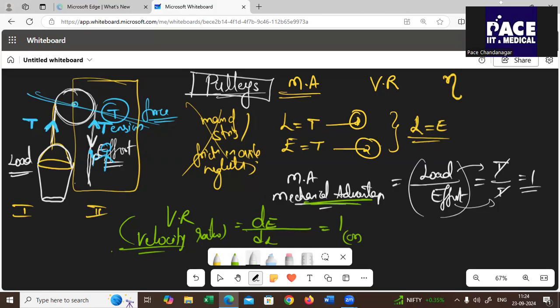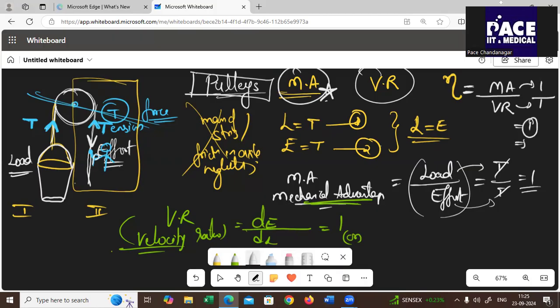Now, what do you mean by efficiency? These are the three things we have to consider, very important things. Mechanical advantage is load by effort. Velocity ratio is distance of the effort by distance of the load, which is also equal to 1. And then your efficiency ratio. Efficiency is mechanical advantage by velocity ratio. We got here in this case of the fixed pulley, mechanical advantage 1, velocity ratio 1, answer is 1, efficiency is 100%.